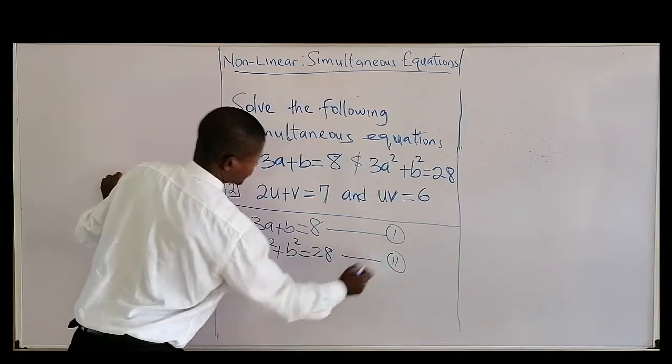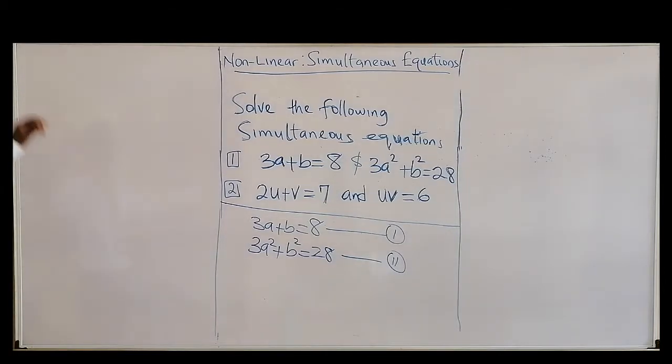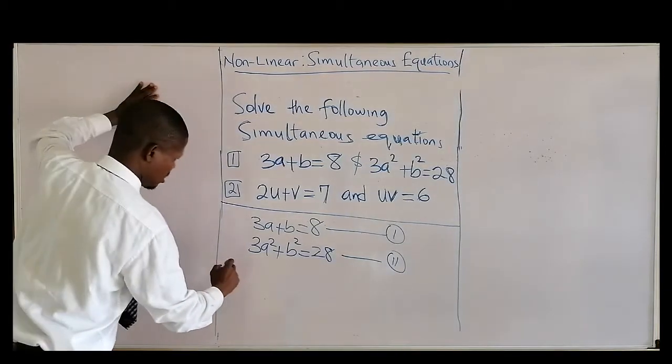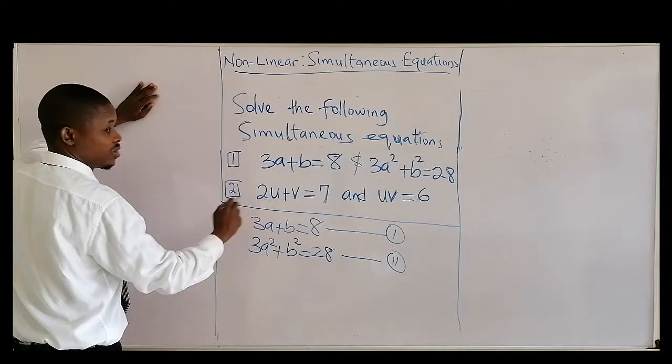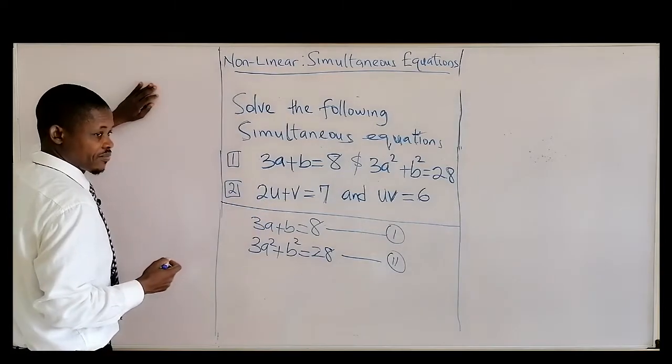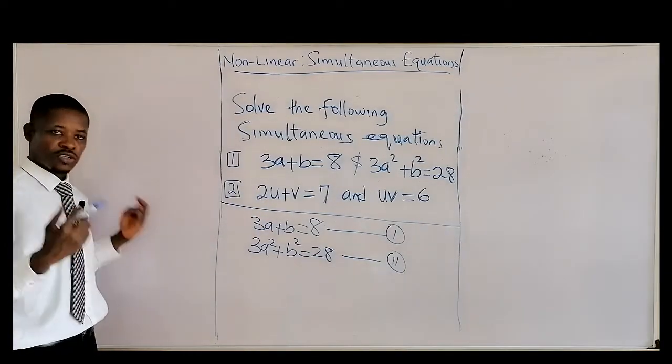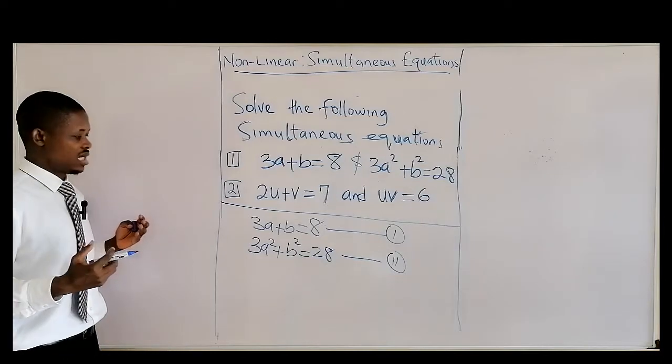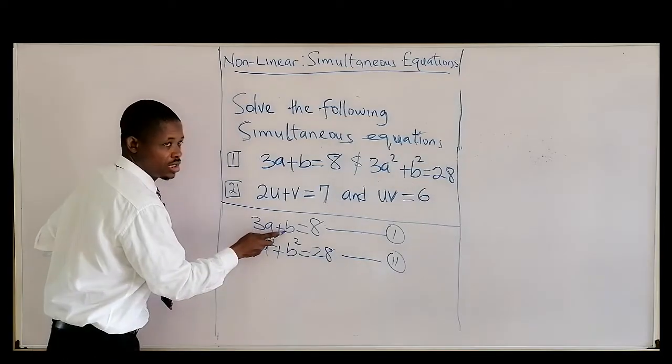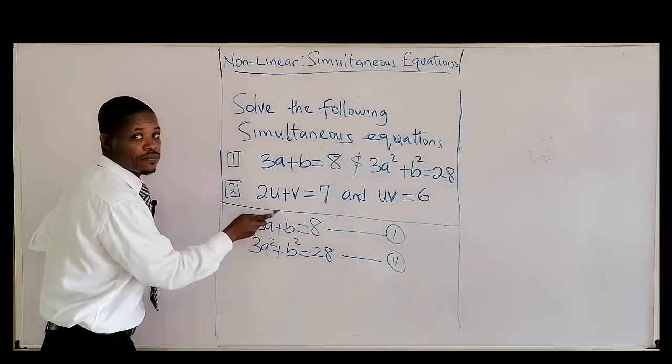Equation 2. So what we do is go to equation 1 and make one of the variables the subject, but it will be more convenient to go for b because the coefficient here is 1.